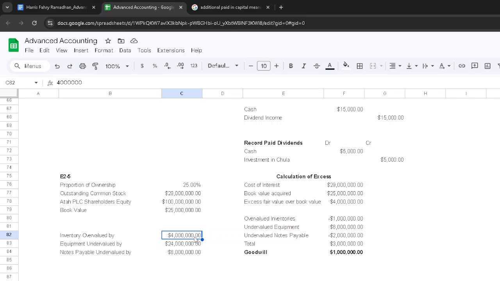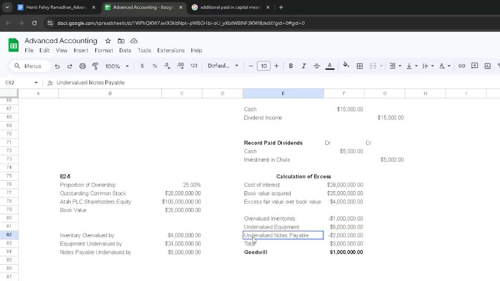Because of that, the account should be reduced, right? Because the book stated an amount that is too much, it's overvalued. Now for the equipment, since it's undervalued, it means we should have more equipment compared to what's stated in the book. Because of that, the number is positive.